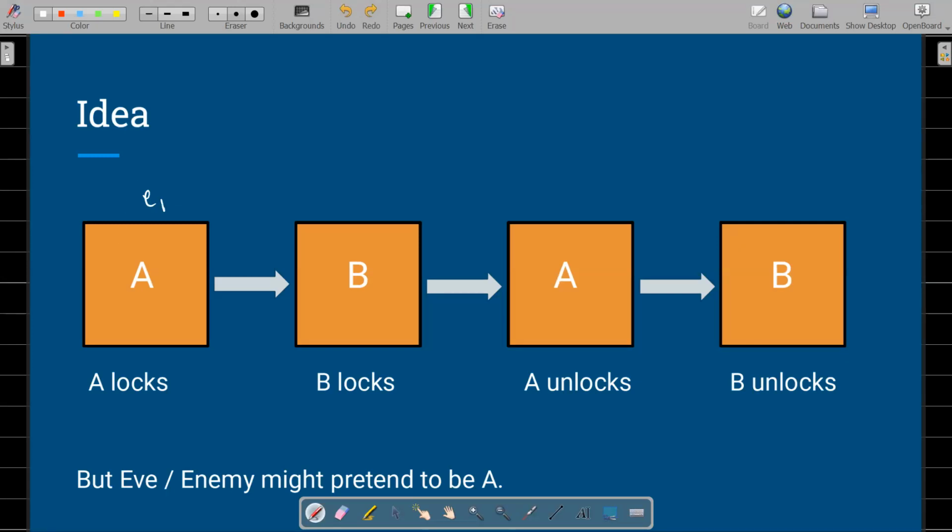So A puts her lock on the message, and the unlocking is known only to A, to no other person.